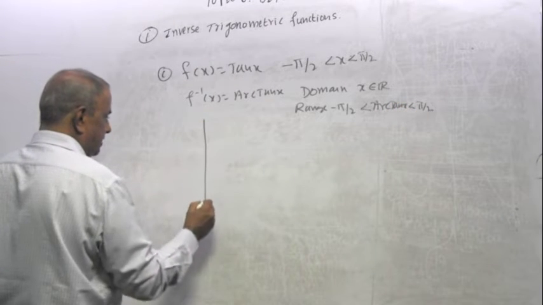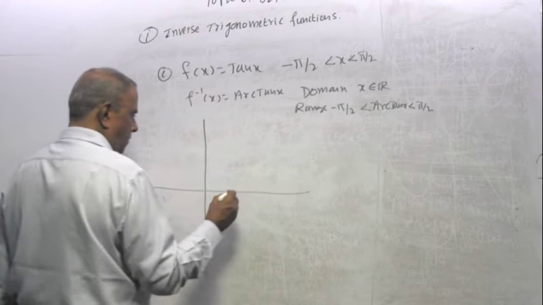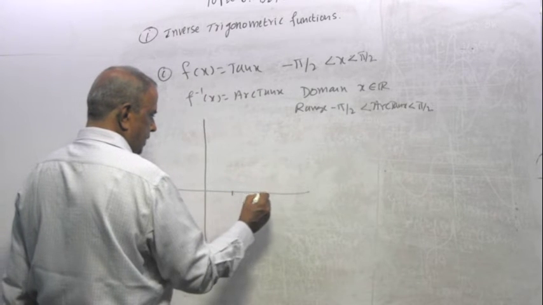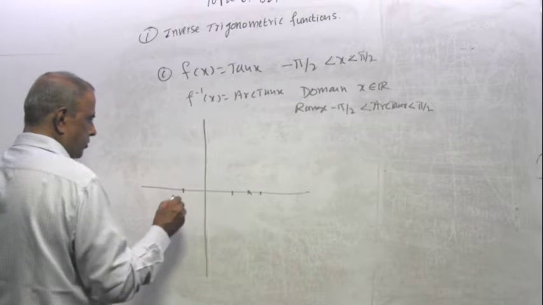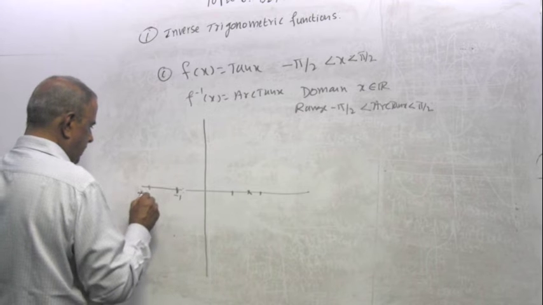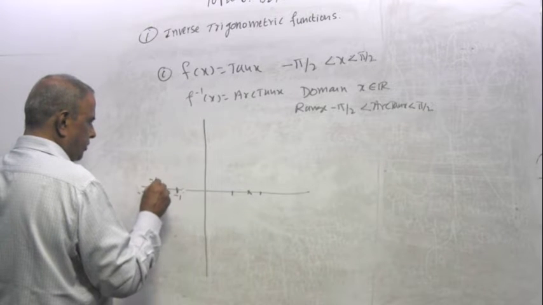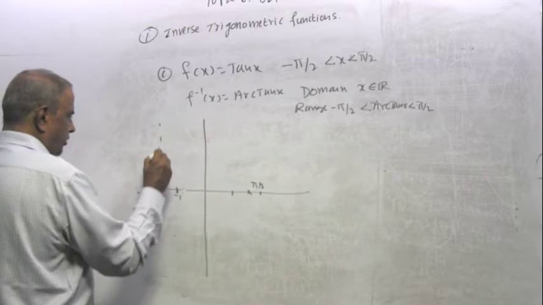This graph again is a bit of a problem. That is 1, that is 2, that's pi over 2. That is minus 1, that is minus 2, so that's minus pi over 2, that's pi over 2. Those are the asymptotes.